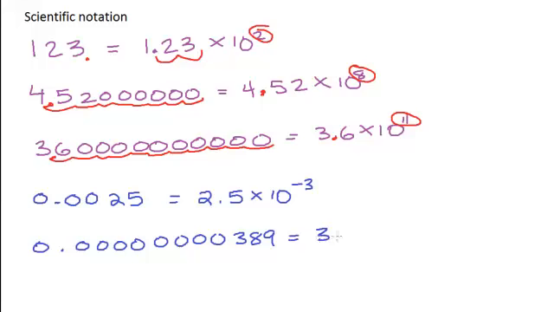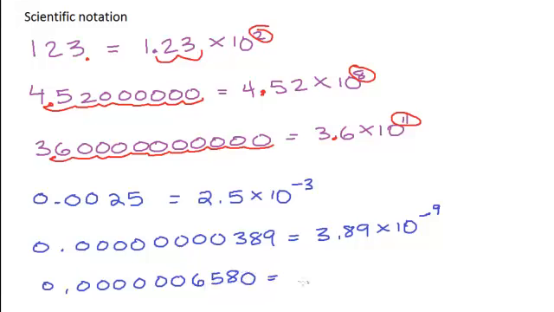Alright, that is 3.89 times 10 to the minus 9th, if I counted right. We'll check it in a minute. If I have 0.0000 6580, that is 6.580 times 10 to the minus 7th.